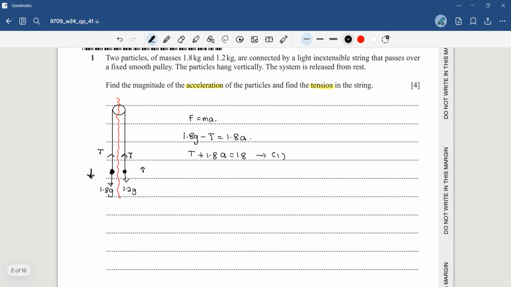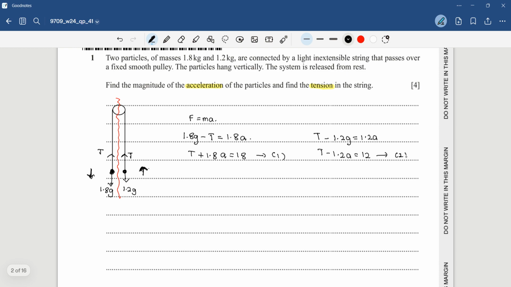For the second equation, we use the second system, where 1.2g and T act. We apply the similar Newton's law. Since here the object is moving in the upward direction, your T is in the positive direction. So T minus 1.2g is equal to 1.2a. You can rewrite: T minus 1.2a is equal to 12.